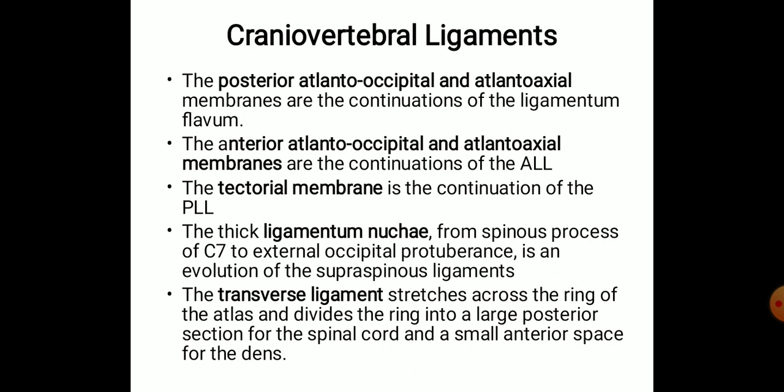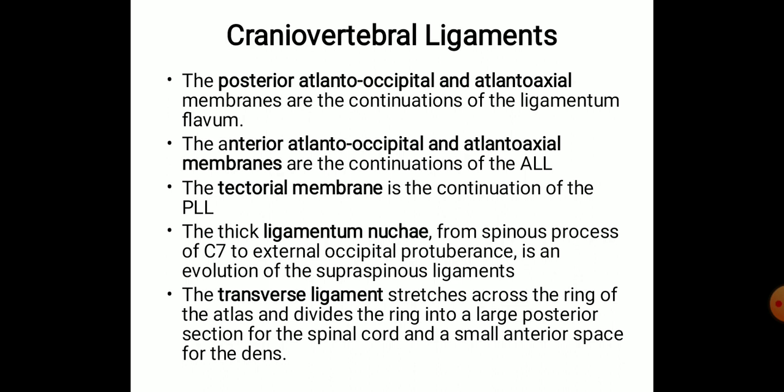Then what are the craniovertebral ligaments? When we talk about the ligaments in the spine, most of the ligaments are either originating from C2 or have some extension till the C2 or C3 level.